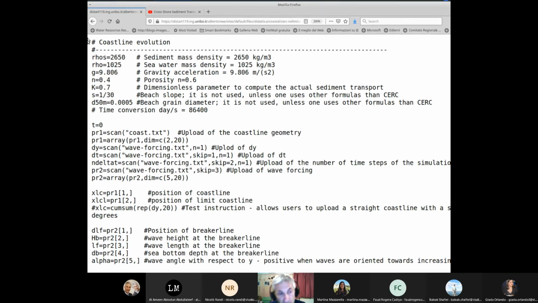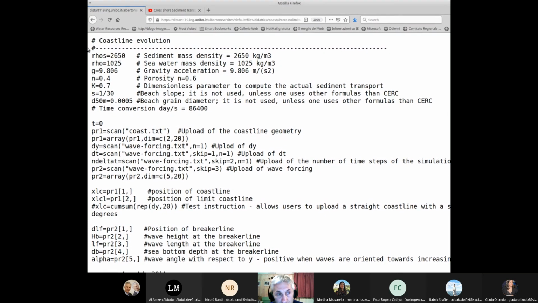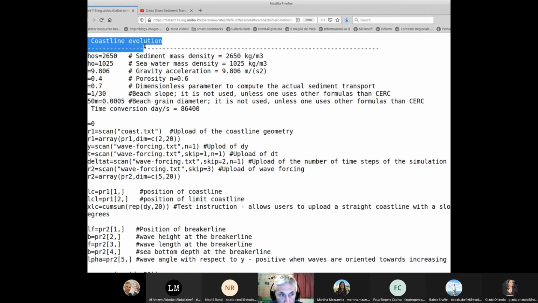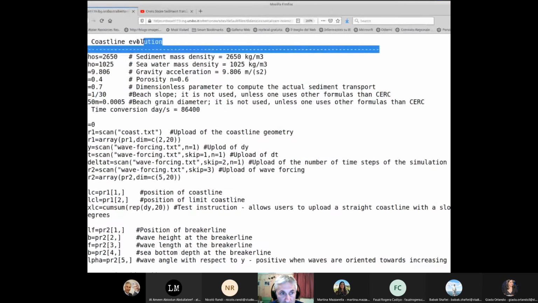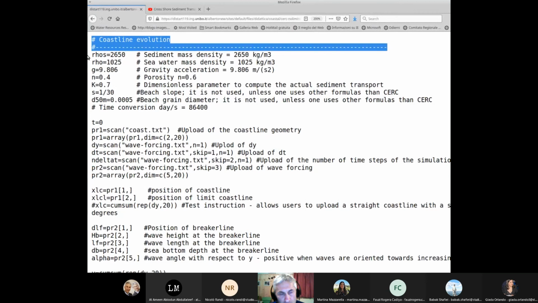Okay, first, let's note that we can put comments in our list of instructions, in our program. A comment is to be preceded by a hashtag. So for instance, let me cut and paste the first two lines. How to make cut and paste? These lines are commented, so I am expecting that R does nothing once I put these two instructions into R. As I said, how to make cut and paste? Good question. There are several options.